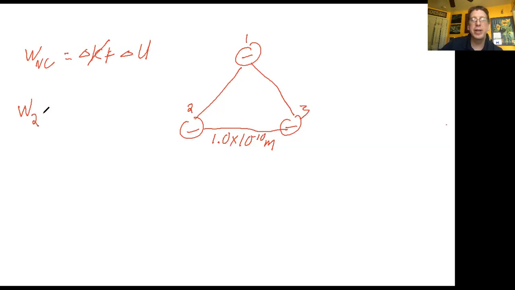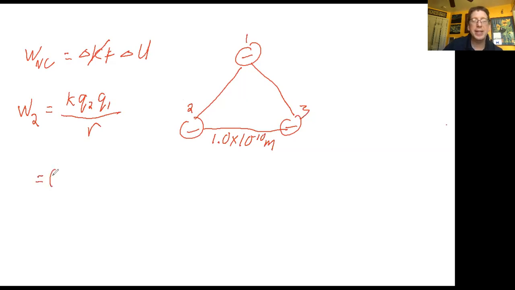So the work done to put point 2 into place is equal to the change in potential energy. So it's gaining potential energy. Again, you have 2 negative charges, they repel each other. So it's equal to K times Q2 times Q1 divided by R. Because it's the change in potential energy that's involved.